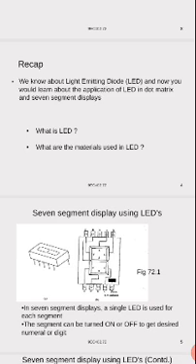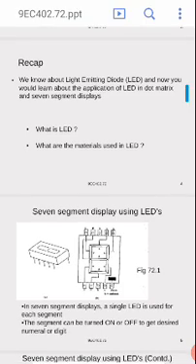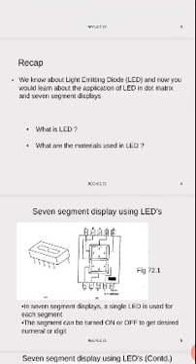Seven segment displays using LEDs. This seven segment display is used to display any number from 0 to 9.